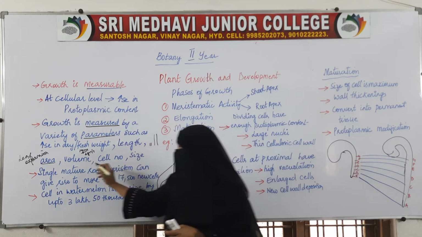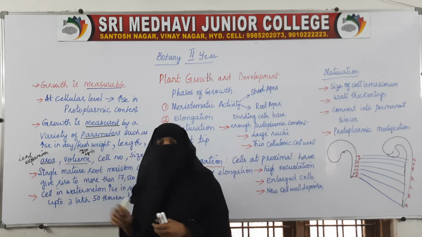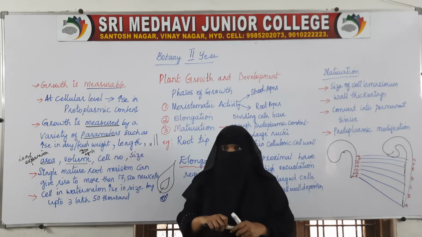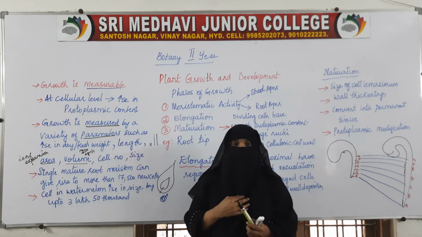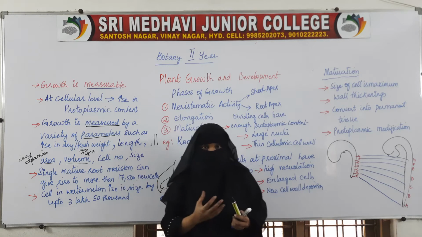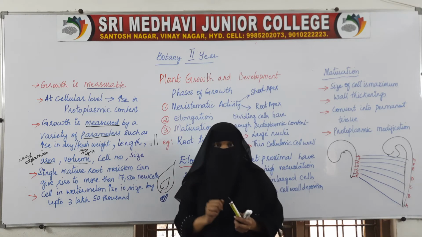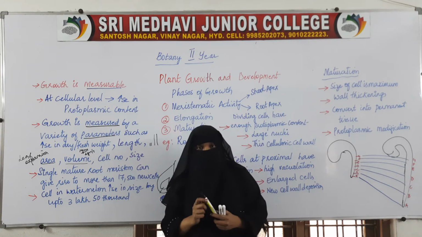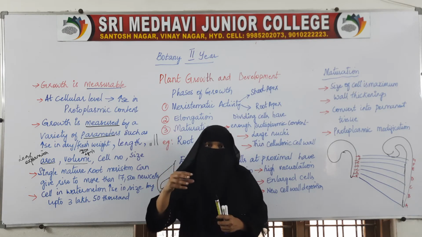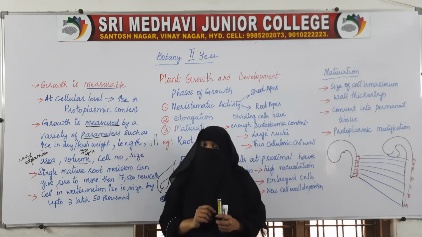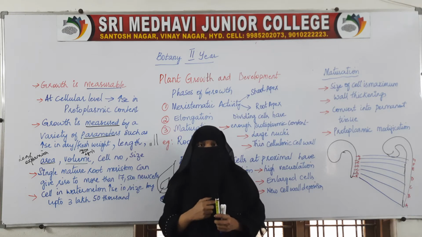We can even say an increase in the volume. Volume can also be taken as one parameter for measuring the growth. For example, to measure the volume, what will we do? Take a beaker, put some water till 50 ml. Then take one apple and dip it. Now where will be the level of water?